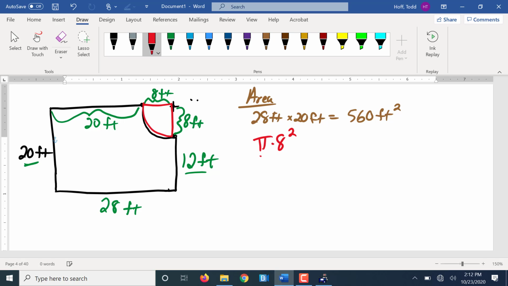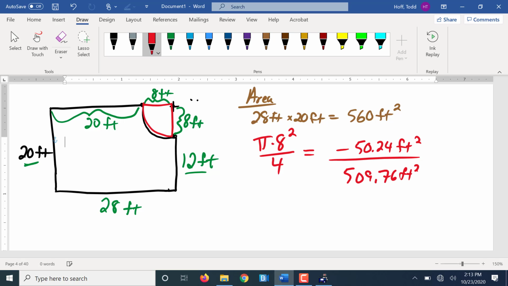Eight squared times pi divided by 4, because it's a quarter circle. 50.24, good. We subtract there, we get 509.76, perfect. Square feet. Not so bad?